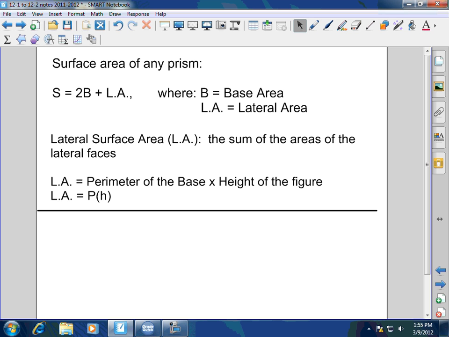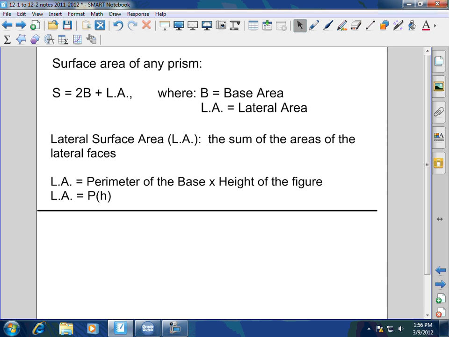Or, for prisms, and only prisms, the lateral area equals the perimeter of the base times the height of the figure, not the height of the base, but the height of the figure.